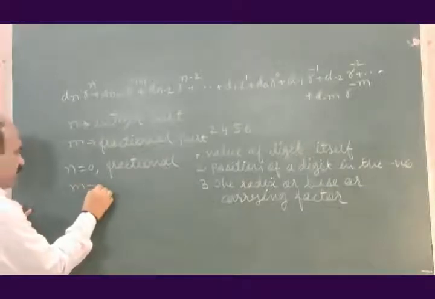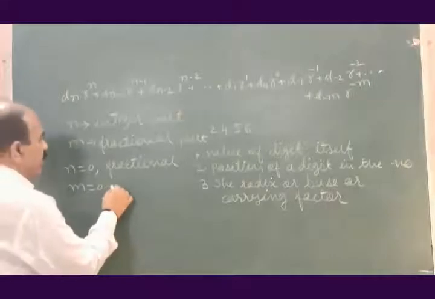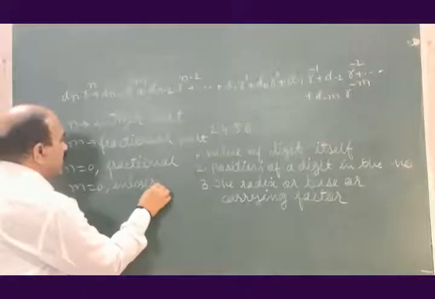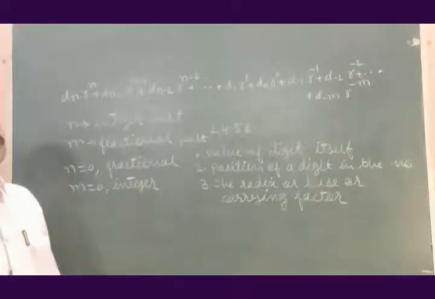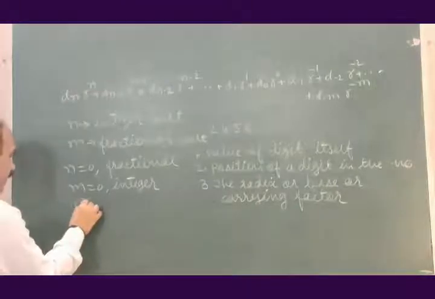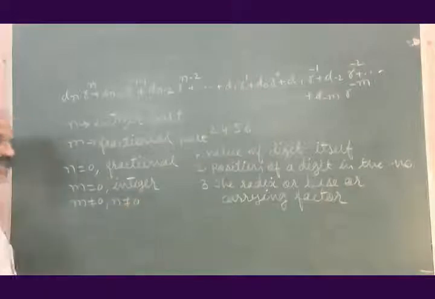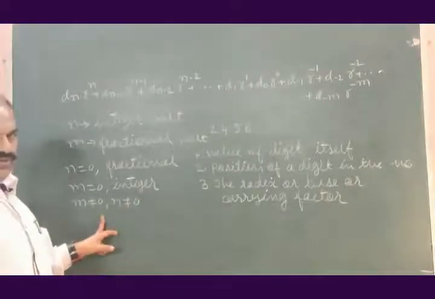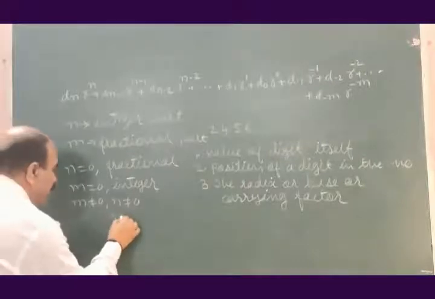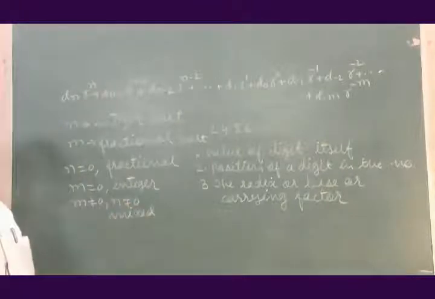If m is equal to 0, the number will be simply an integer decimal number.